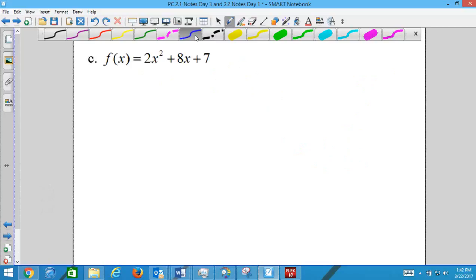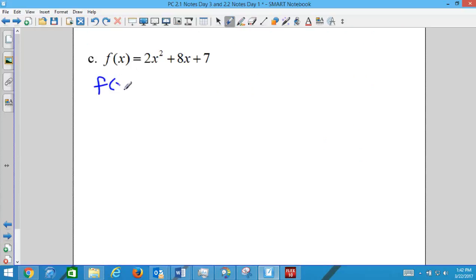From the beginning, we are first going to do vertex form. And to do vertex form, can I have that 2 when I complete the square? So I got to factor it out of the x squared and out of the 8. But not out of the 7. I'm just going to leave that out here.